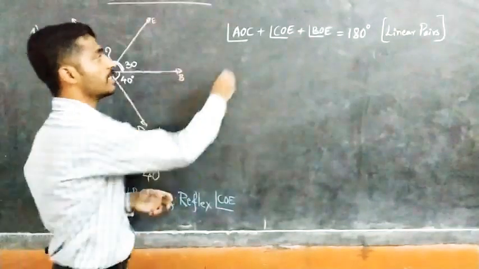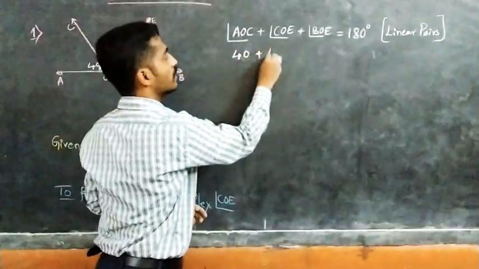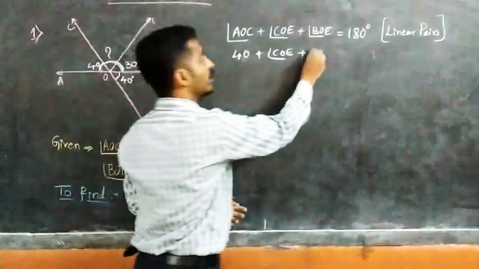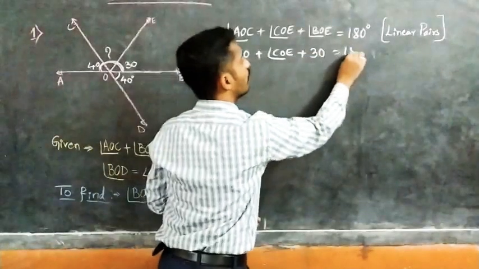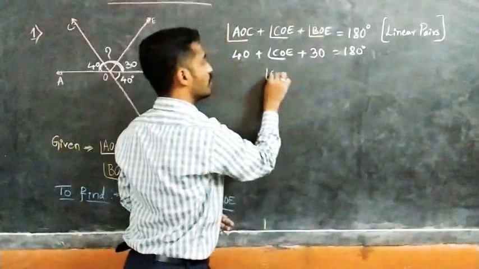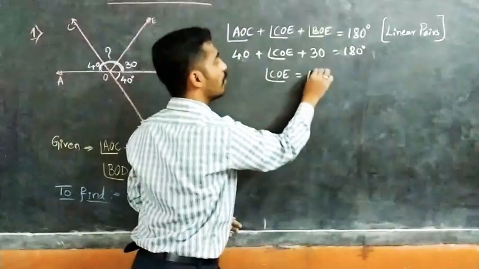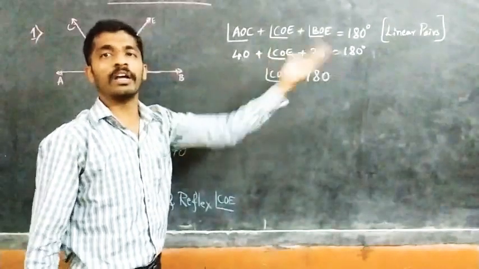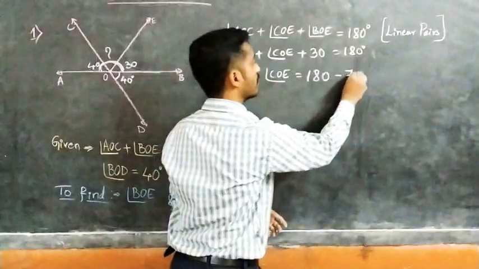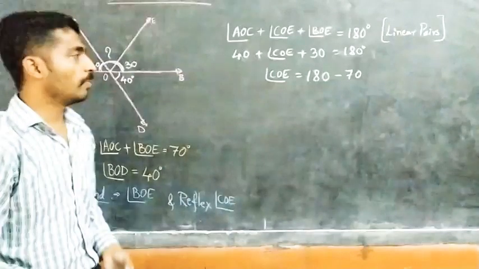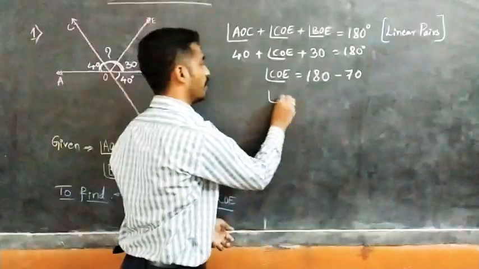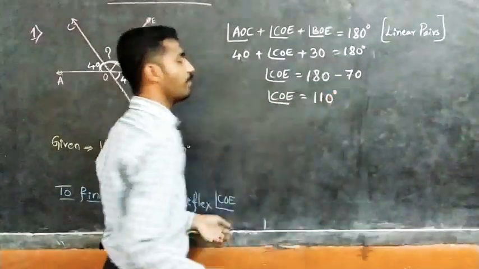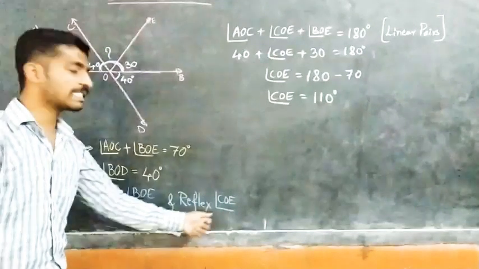Already we know AOC is 40 plus COE plus BOE, just we got 30 degree, equal to 180 degree. So COE equal to 180, so 40 plus 30 is 70. I will take to the right side, it becomes minus. So that is 180 minus 70. So here we will get COE equal to 110 degree. But what we need? We need reflex of COE.